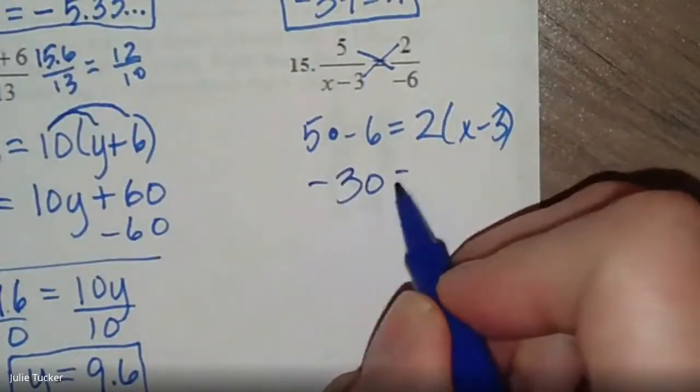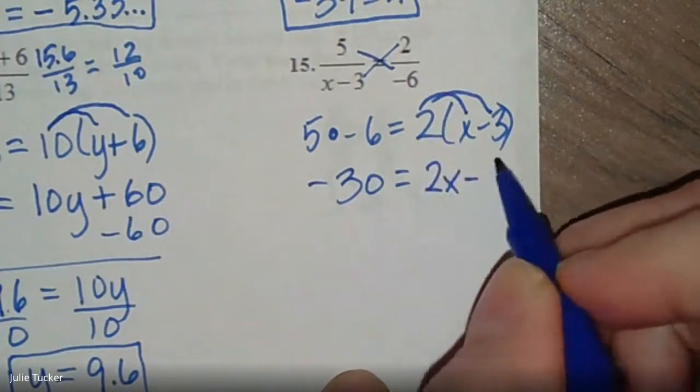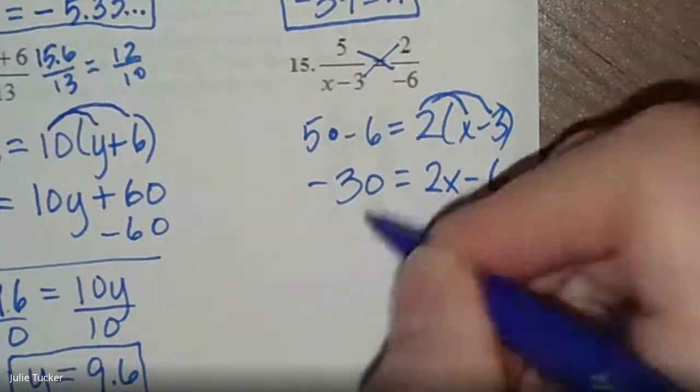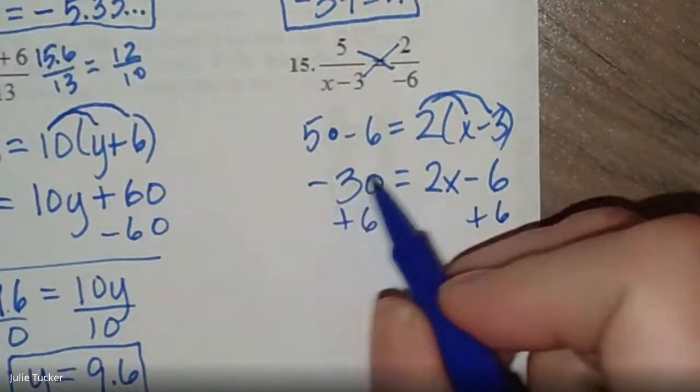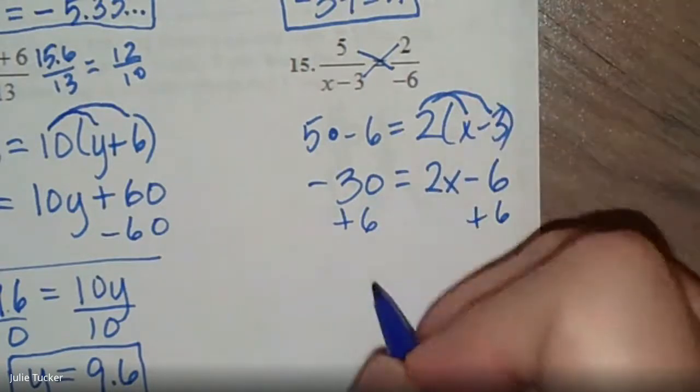Negative 30 equals, and then we're distributing 2x minus 6. And what term do you, yeah? Awesome. So negative 30 and 6 means we're going to subtract those two numbers and get a negative answer because 30 is the larger number. So this will be negative.